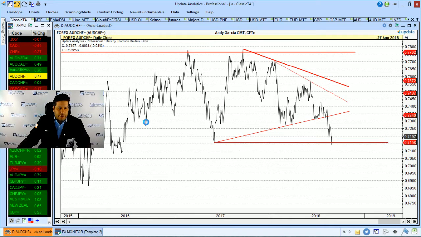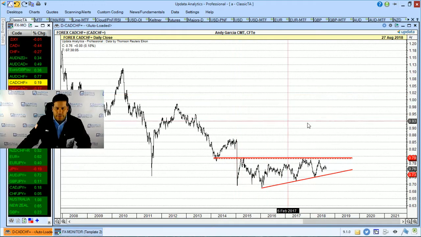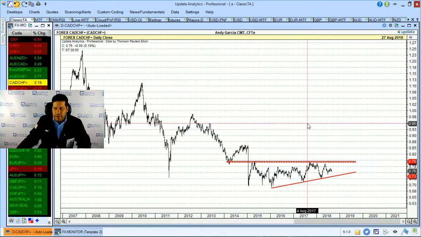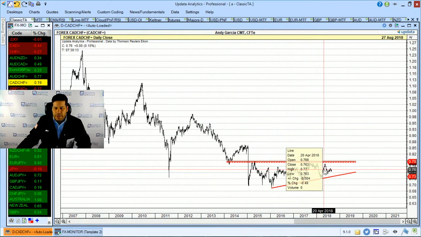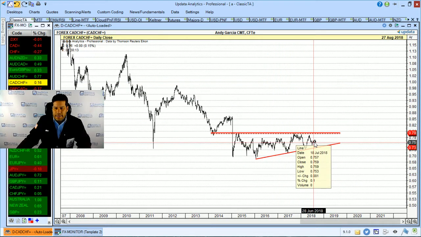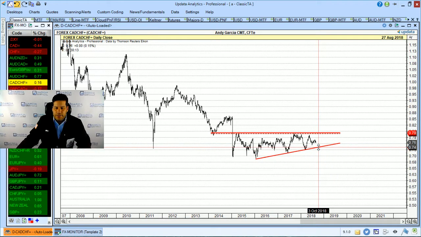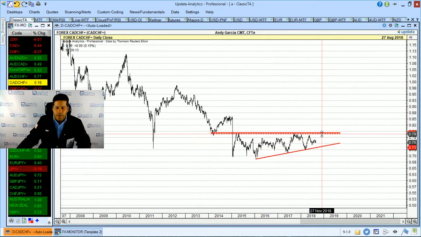Okay, so let's go take a look at the CAD Swiss. Canadian Swiss franc is in the middle of this trading range. You can see this looks like it could go either way. As a matter of fact, what I'm looking for is to take action either on this lower trend line or on the upper boundary here.